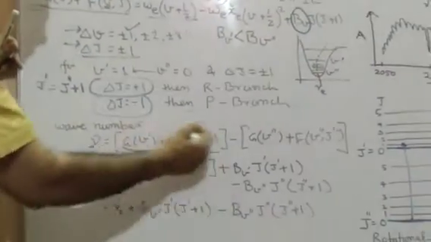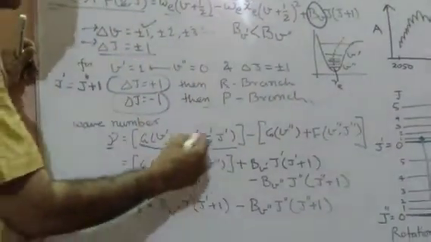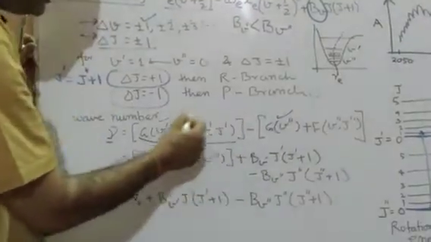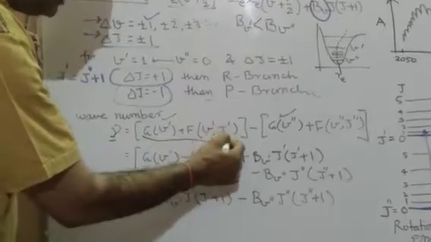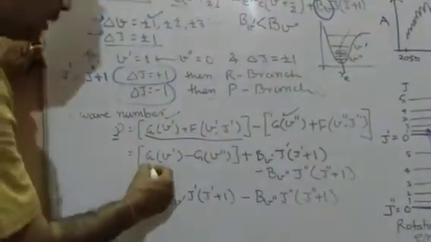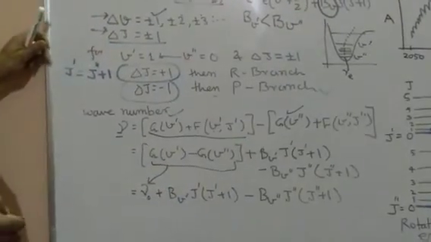This is the higher level minus the lower level, and then arranging the terms, we can write the values F(V, J prime), F(V prime, J prime) directly here. So what we get is this term, and this is nu 0.